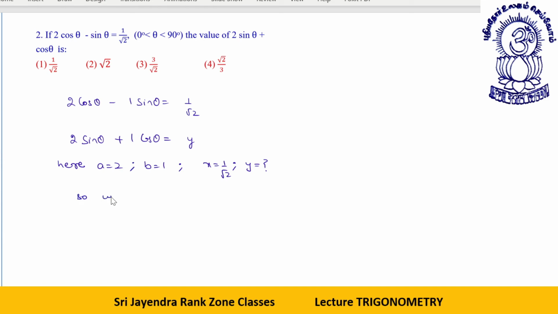So we know a square plus b square is equal to x square plus y square. That is 2 square plus 1 square is equal to 1 by root 2 square plus y square. 5 is equal to 1 by 2 plus y square, or y square is equal to, sorry, this is 5. 5 minus half, that is 9 by 2.